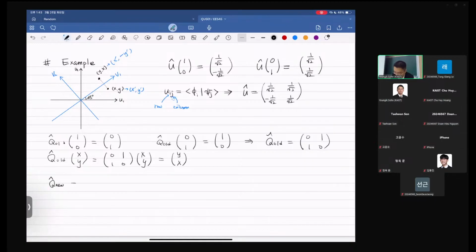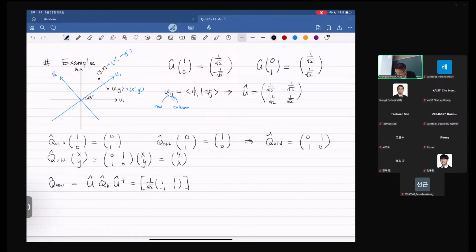According to what we have learned, it's supposed to be this equation, sandwiched between U and U dagger, and then see if it really works, because we already know U and Q old, right? U is what? 1 minus 1, 1, 1.